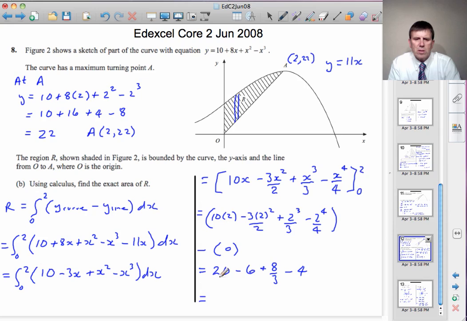So that gives us 20 minus 6 is 14, 14 minus 4 is 10, 10 plus 8 thirds, so 10 plus 2 and 2 thirds is 12 and 2 thirds. Or as an improper fraction, 12 threes are 36, 2 more makes 38, we could give the answer as 38 over 3. And that completes question 8.